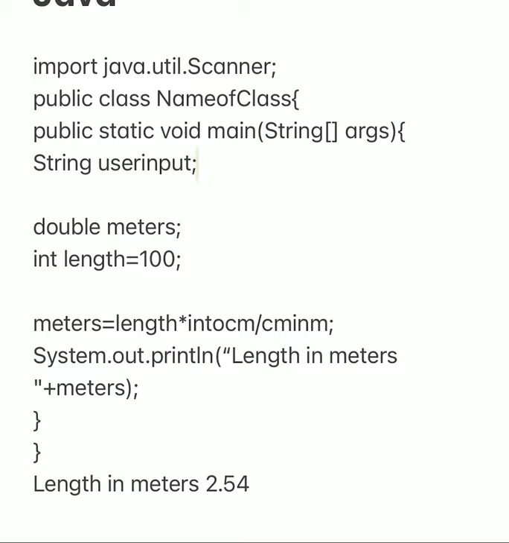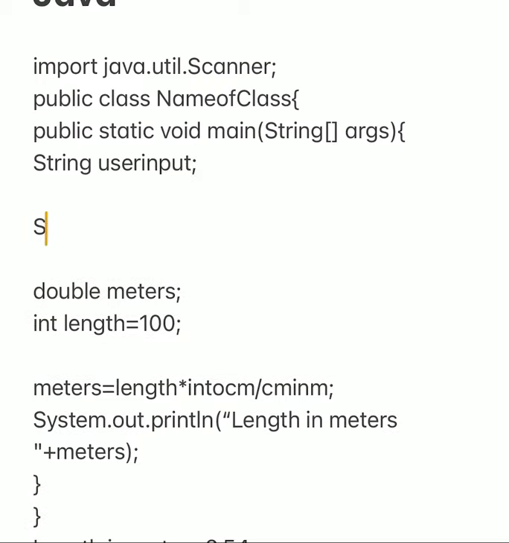And then we're going to create a new scanner object. What I typed there, within the public static void main brackets, was String with a capital S, space, and then you can call it whatever you want. I just gave it the name userInput, all one word, and then a semicolon.